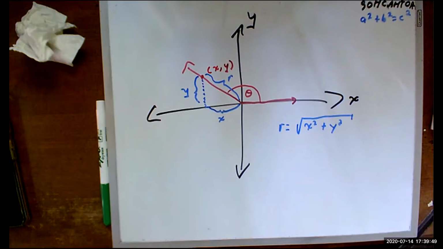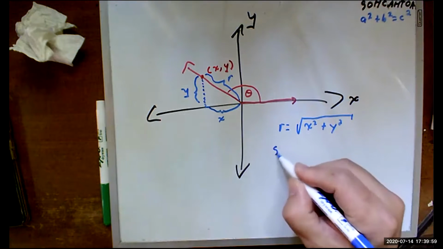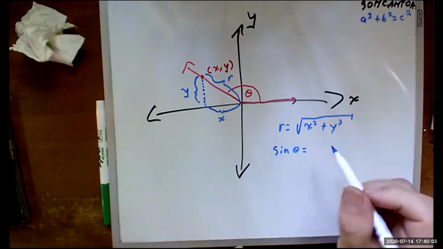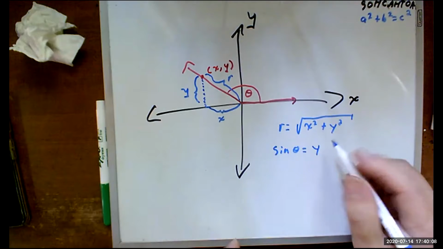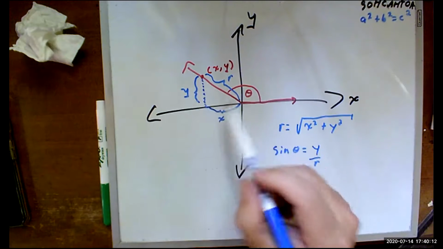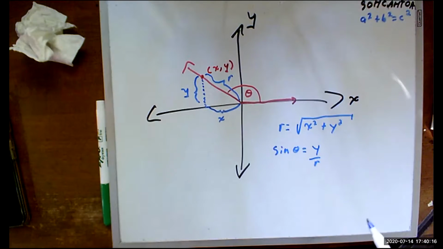But the other thing we can then identify is how our three basic trig functions define out from all of this. So this means that the sine of theta in this case is going to be y over r, opposite over hypotenuse.